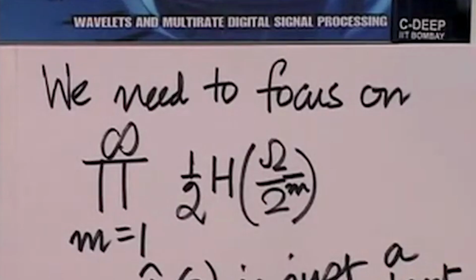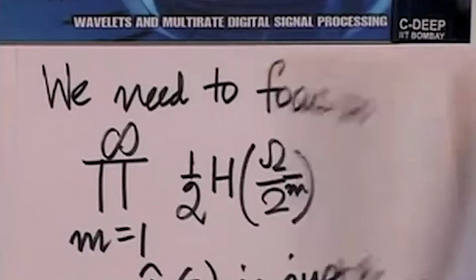So, let us take just two terms in this product instead of infinite terms. In fact, now we need to interpret this continuous analog variable a little more carefully here.